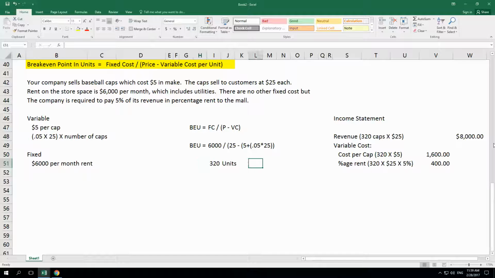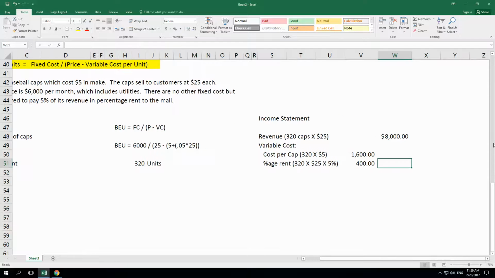Oh, I think we're on the right track. If we add these two together, this plus that, that's 2,000. Watch this, we got it right. So this is our total variable cost.